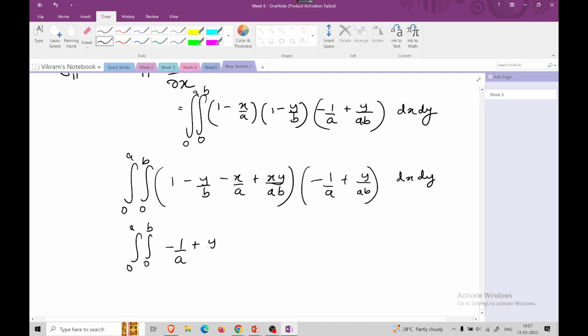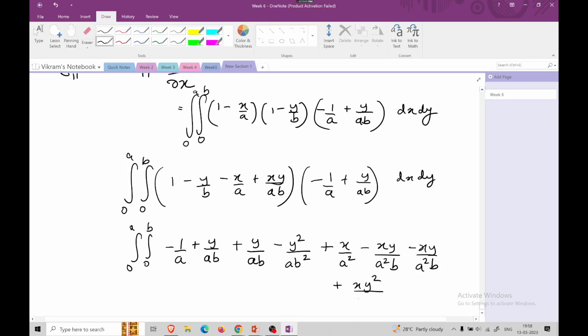So the terms are minus 1 by a, plus y by ab, plus y by ab, minus y square by ab square, plus x by a square, minus xy by a square b, then again minus xy by a square b, plus xy square by a square b square, whole thing dx dy.